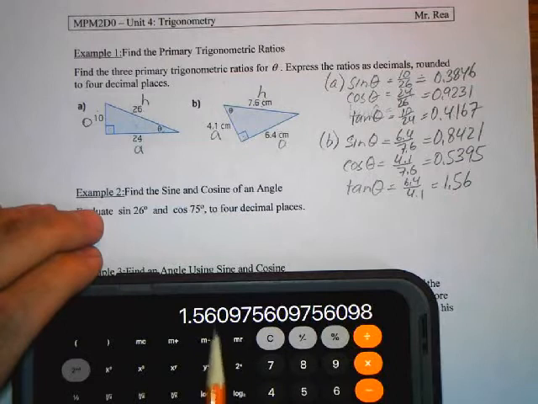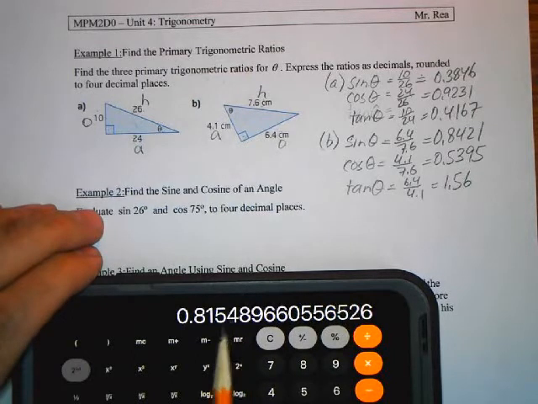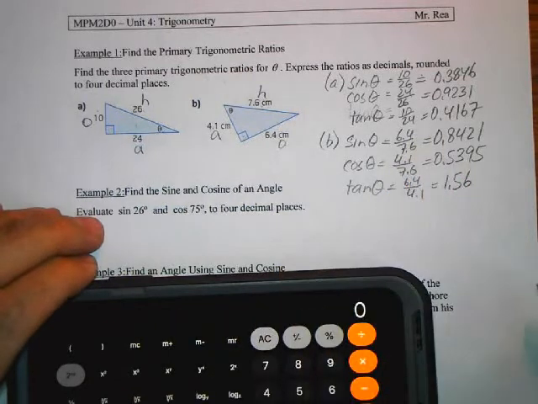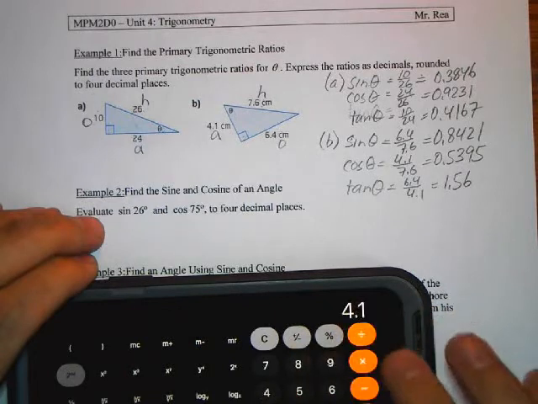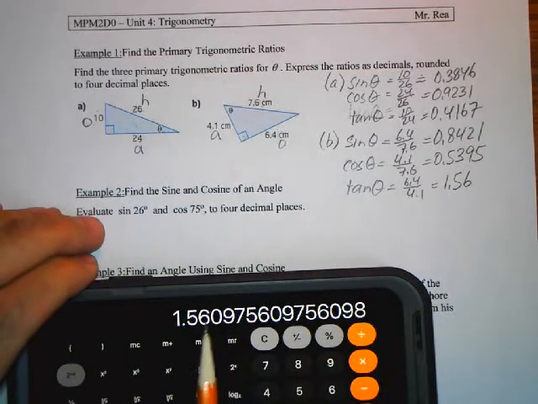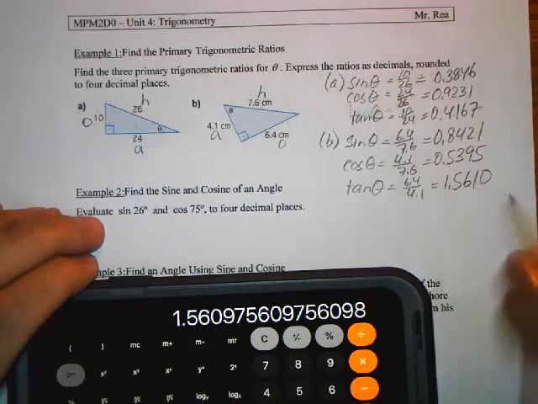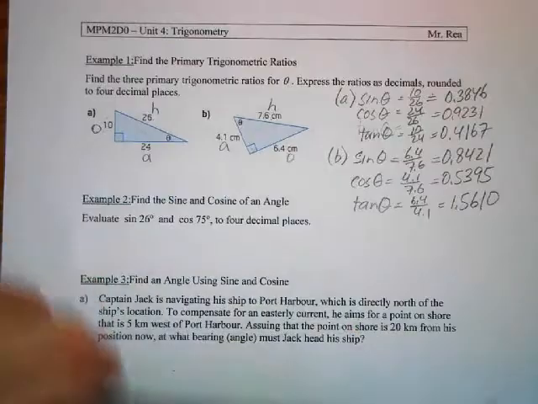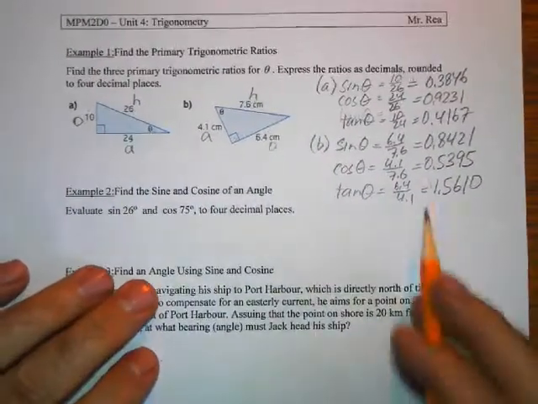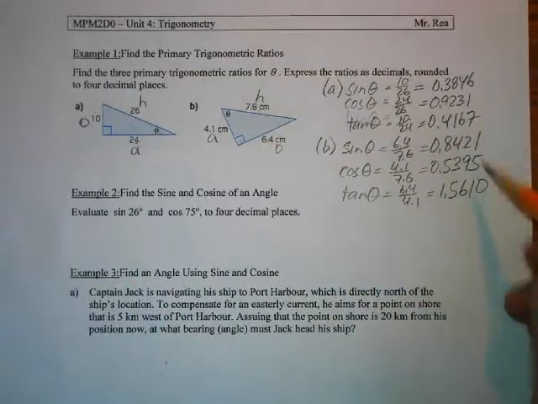Now this is an interesting one. Looking at the 9, do I bump that up? Yes, I do, because that's a 7. So that bumps up to a 10 or a 0. Let me do that again. 6.4 divided by 4.1. So that bumps up to 1.5610 because the 9 bumps up. Okay, so there's our 3 trig ratios for triangle B.